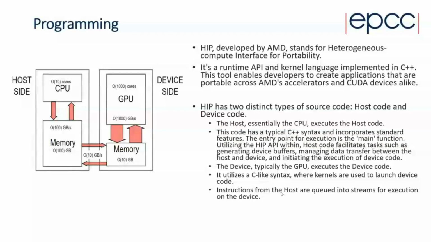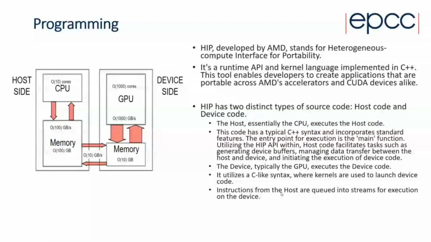The host, essentially the CPU, executes the host code. The code is typically C++ syntax on the host, incorporating standard features. The entry point for execution is the main function. It utilizes the HIP API, and the host code facilitates tasks such as generating device buffers, managing data transfers between the host and the device, and initiating the execution of device code. So that's all controlled from the host.